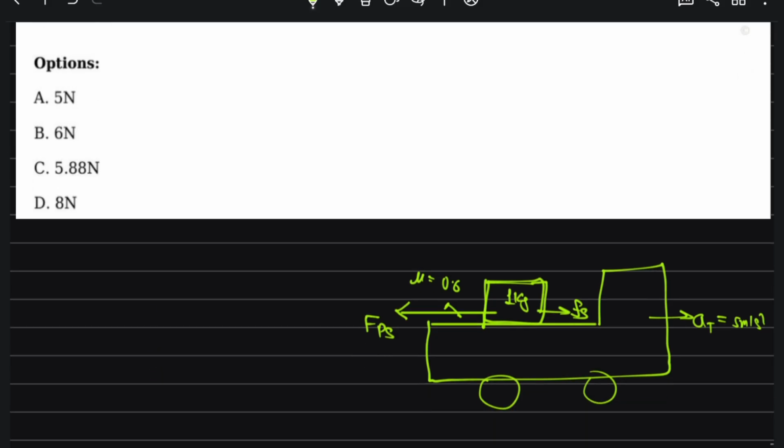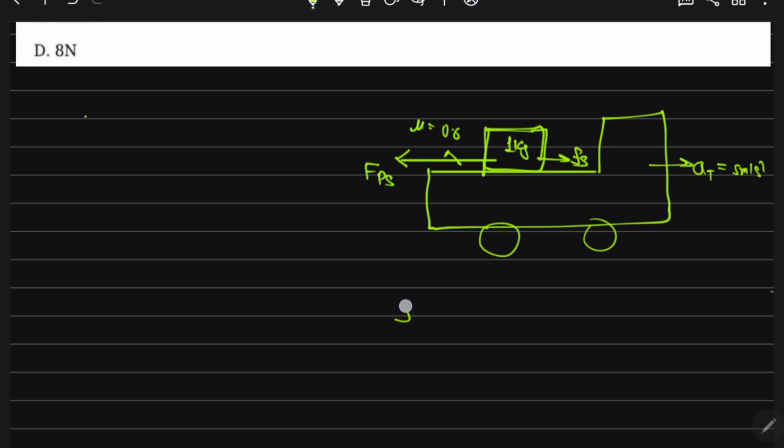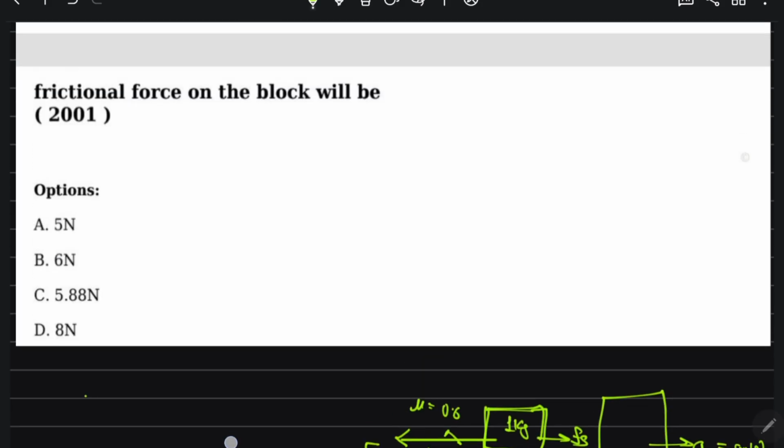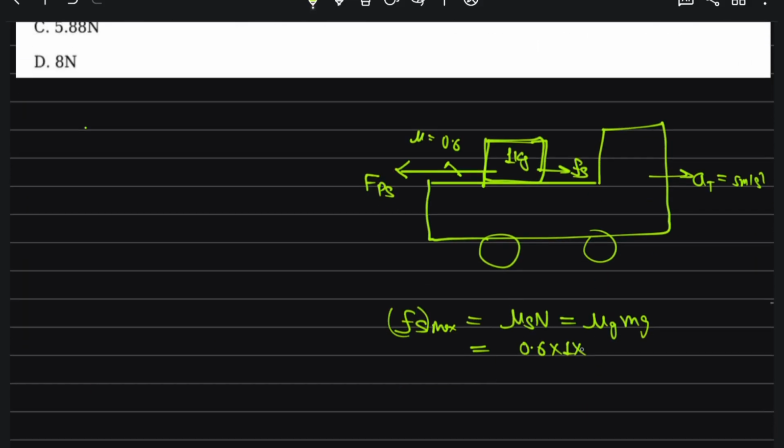So first see how much frictional force can act on this block. Maximum static friction, or limiting friction, is mu s into normal, and normal is mg. So mu s 0.6 into m which is 1 into g, and since no value of g is given, I take 10.